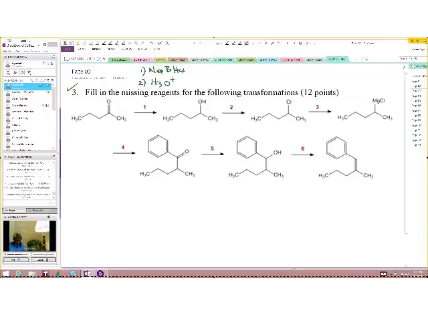This reagent here would transform the carbonyl of a ketone to a secondary alcohol. It could also transform the carbonyl of an aldehyde to a primary alcohol.